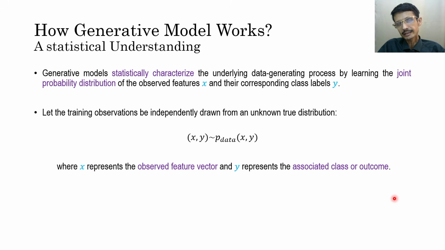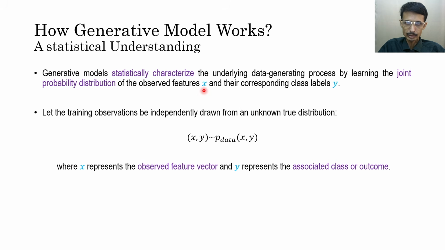Generative models statistically characterize the underlying data generating process by learning the joint probability distribution of the observed feature X and their corresponding class label Y. Here, please try to understand there are two different things: the feature vector and the corresponding class label. So we have X and Y, a joint variable.